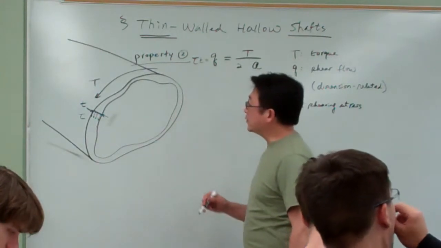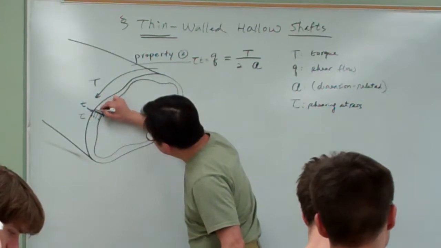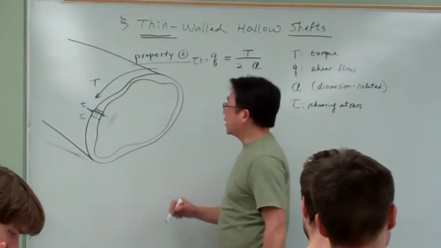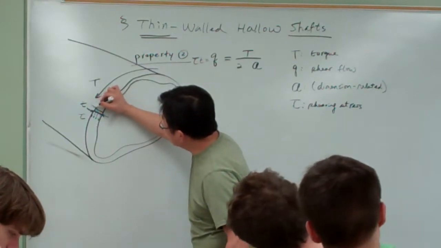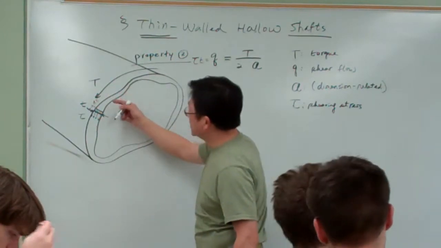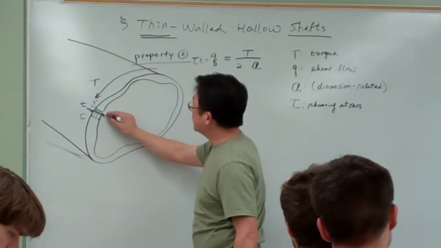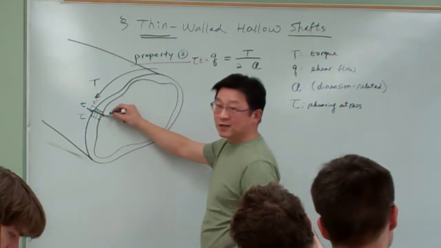Right now, what I want to do is I will consider a small area. And this is a small area, and assuming this is ds. So from here to here, that is ds, which means the dimension here. So for this small area, we have the dimension is ds multiplied with t, that is the area.